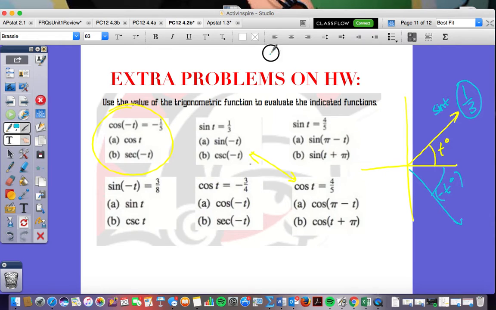Because we already identified that sine of negative t is equal to negative sine of t. Sine of t was 1/3, isn't that what it said? So I'm just plugging it in: negative sine of t equals negative 1/3. It's like you're dividing by negative 1, and that's how I get negative 1/3 as well.